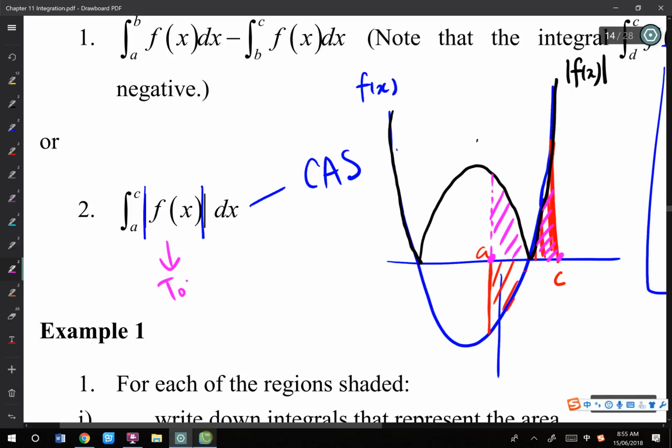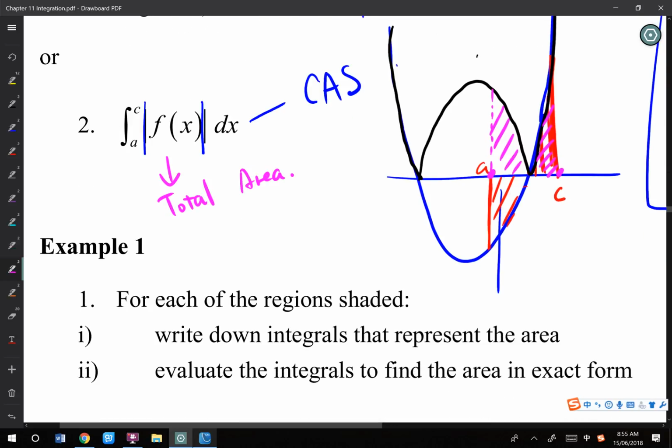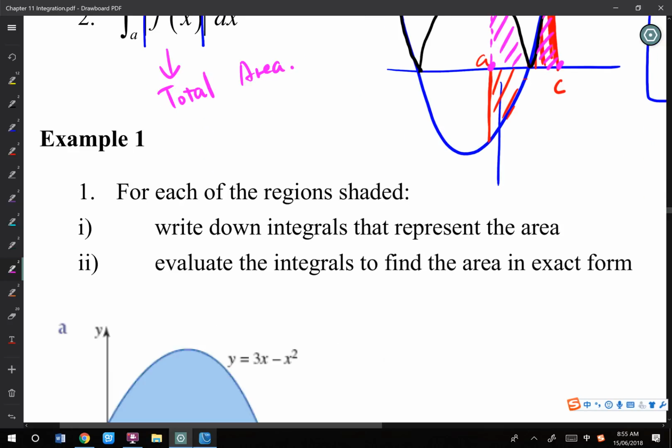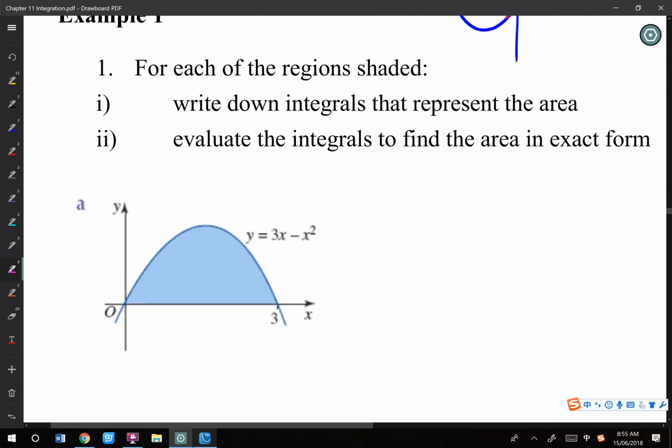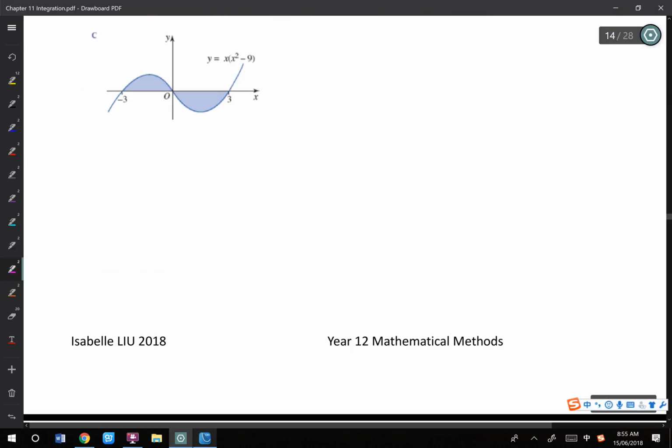This one is the total area, not the signed area. Okay, let's have a look at examples below.